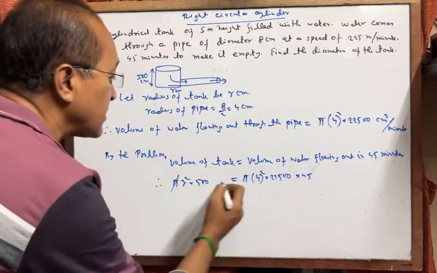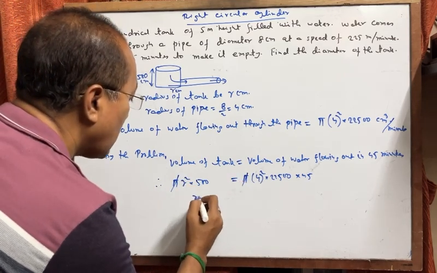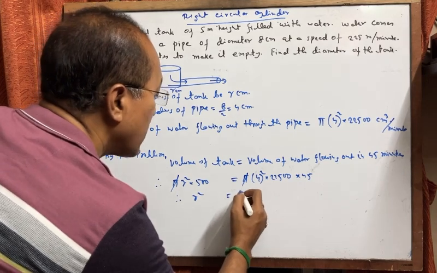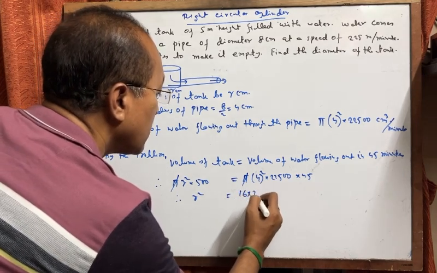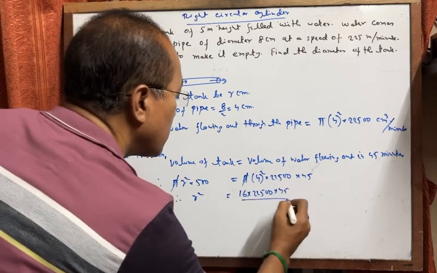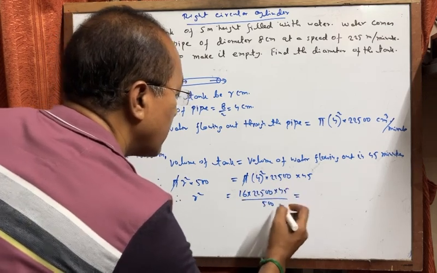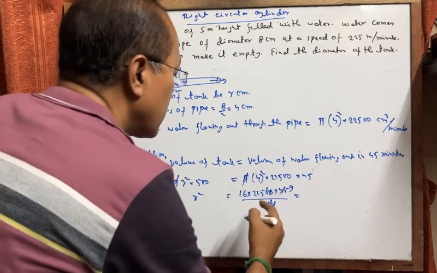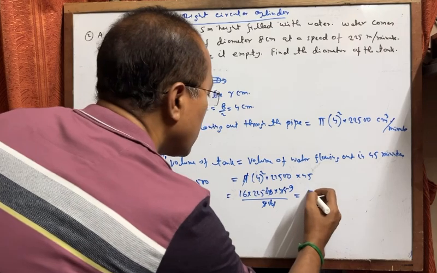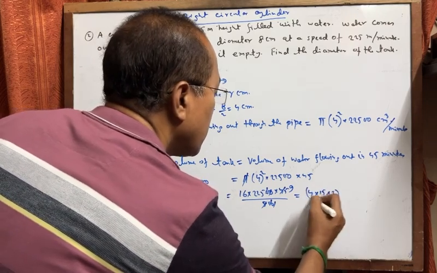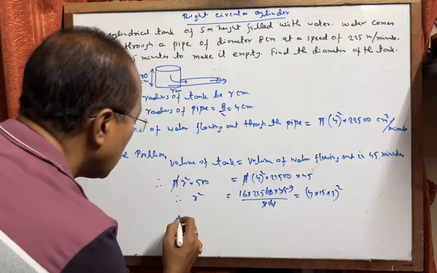Pi are being cancelled. So r square is equal to 4 square means 16 into 22500 into 45 divided by 500, which will be 4 into 15 into 3 whole square.